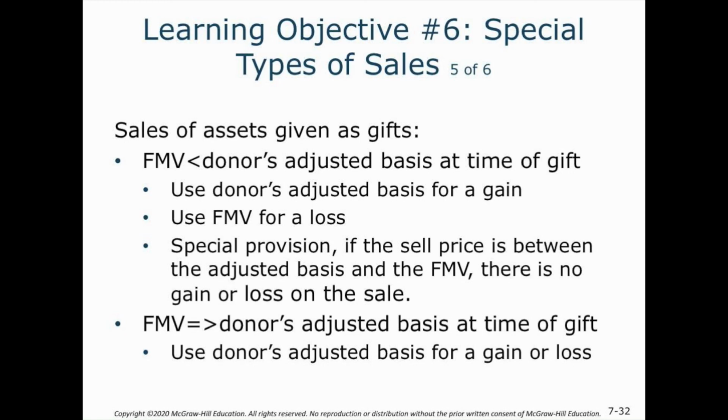If fair market value is less than, then if it's a gain, we're still using transfer basis. However, if it's a loss, then by using fair market value we're mitigating the loss for the transfer. So we're going to use fair market value, which is going to be a lower amount of the loss that gets passed on to the transferee.